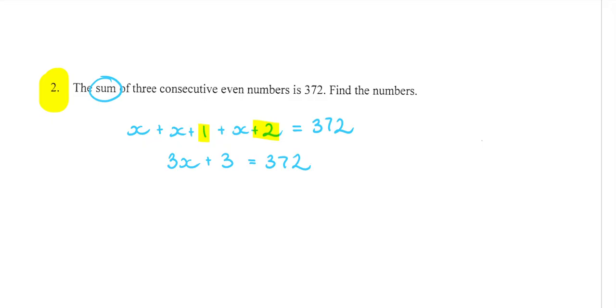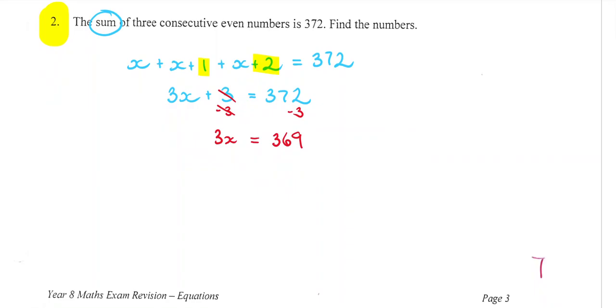Now I can solve it. What's my first step? Minus 3 minus 3. So I have 3x equals 369. Then, second step, divide by 3, divide by 3. And I think that makes 123.